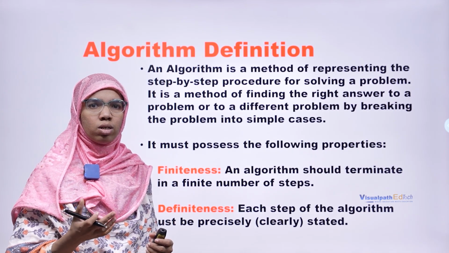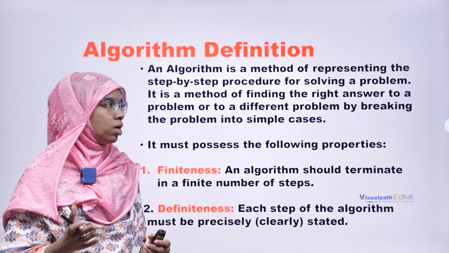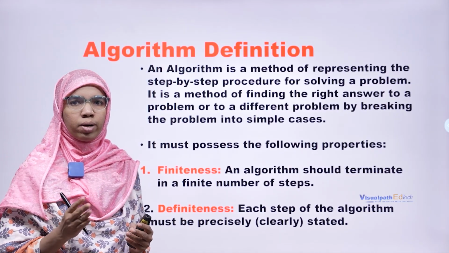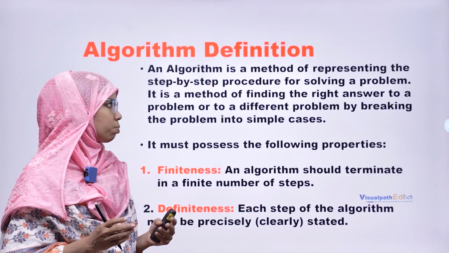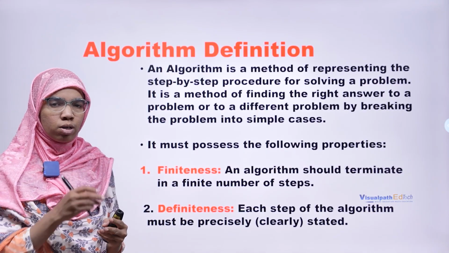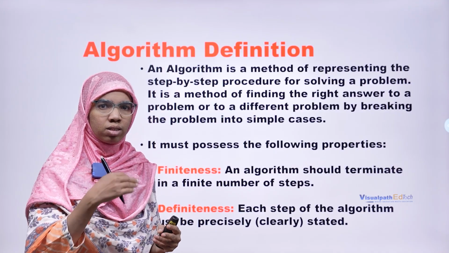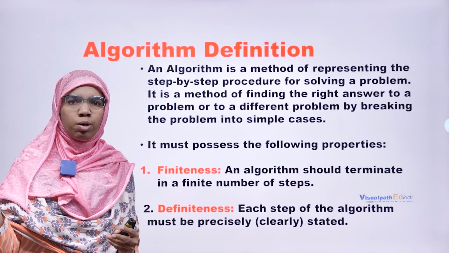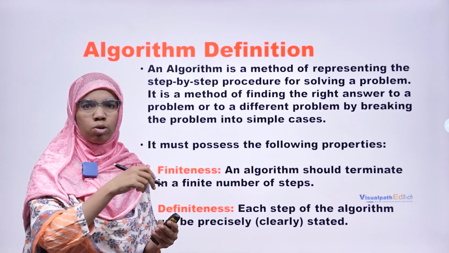Now, coming to understanding the concept of what is an algorithm. An algorithm is a method or a process of solving a given problem step by step. For example, if you're traveling from your home to the college, you follow certain steps.